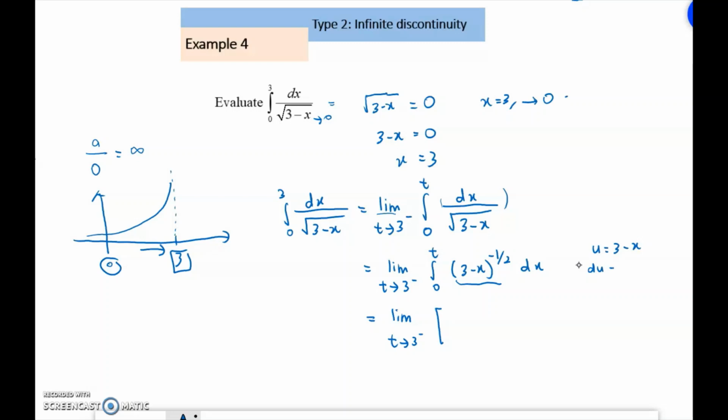So du equals to negative dx. So here we have the limit of zero up to t, u to the power of negative half du, with a negative sign.